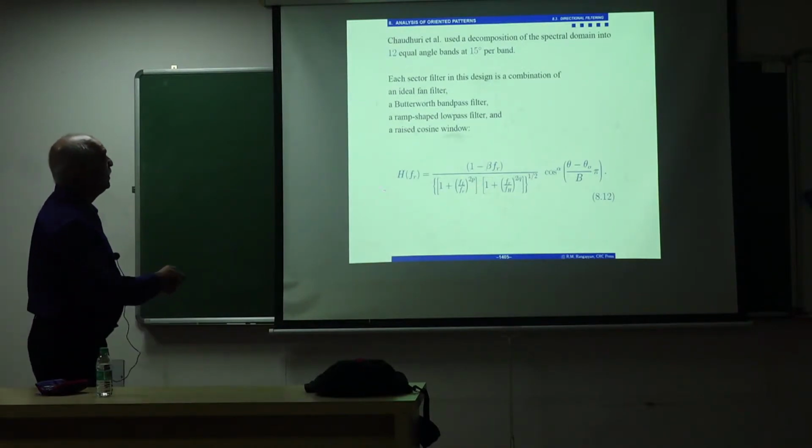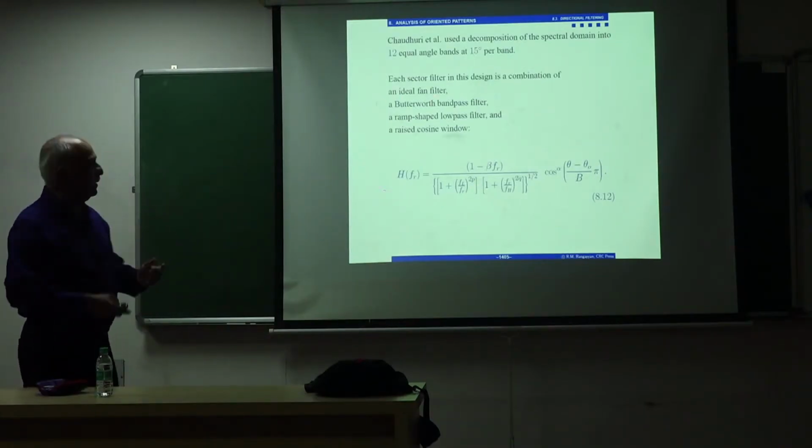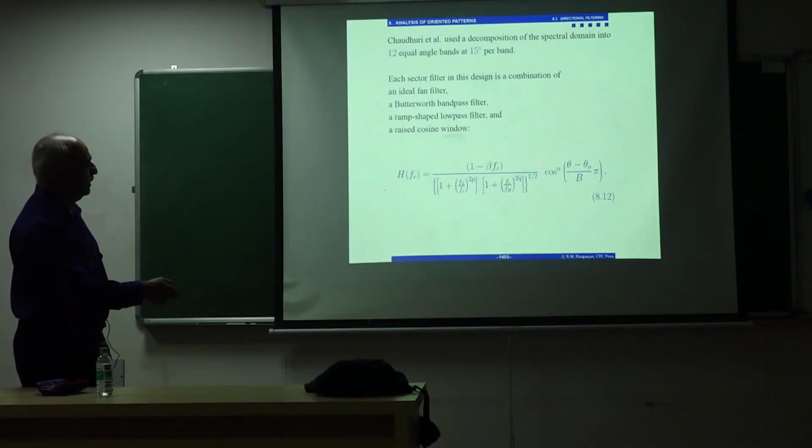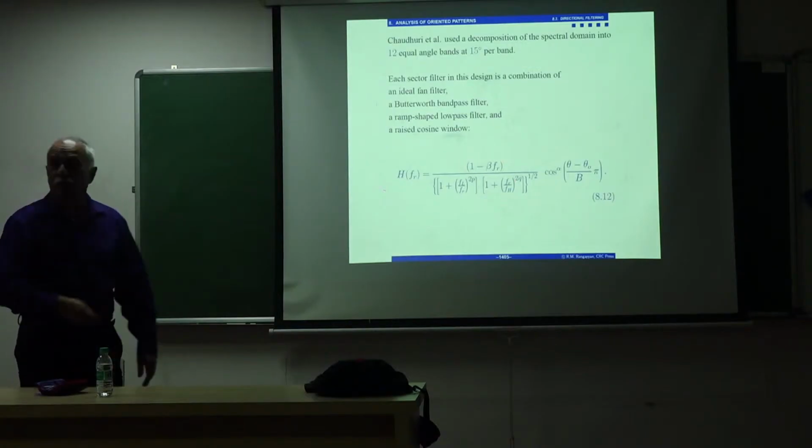So it's a combination of an ideal fan filter, which is defined in angle there, but with a raised cosine window weighting. It's a Butterworth bandpass filter with a low pass and a high pass component, and a ramp shaped low pass filter, which is this.